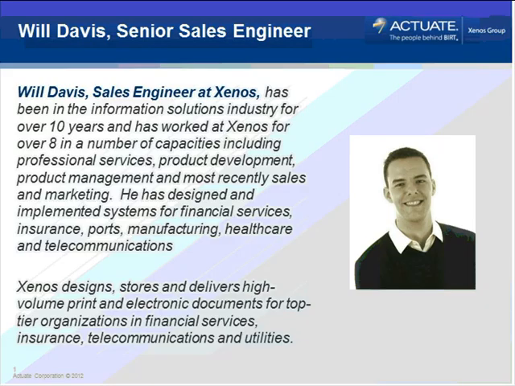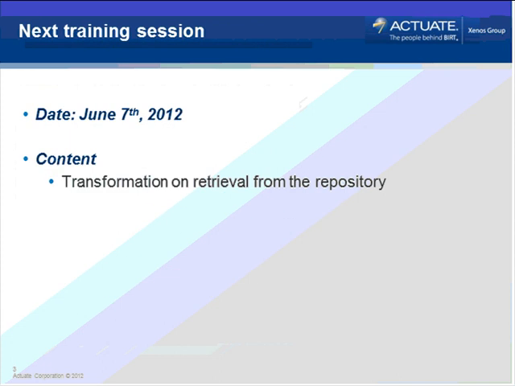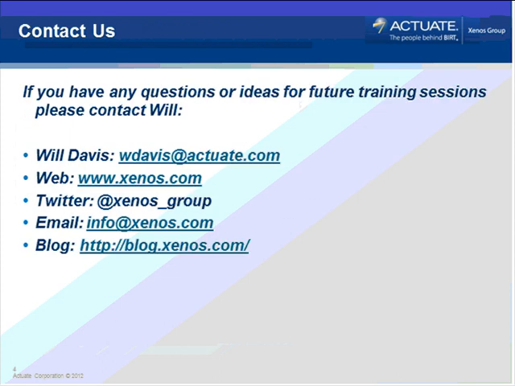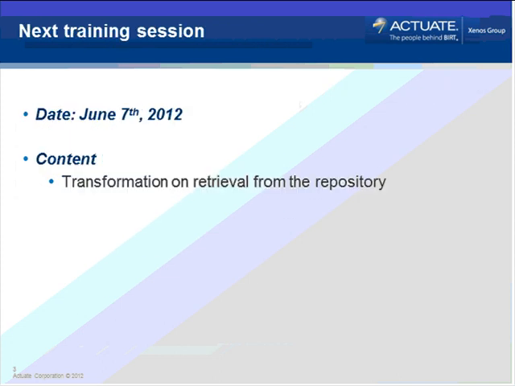All right, so that is all. We go through a couple more slides here. I'm going to be going over this stuff as well. The next training session, just like all the last training sessions, is the first Thursday of the month. The next one will be June 7th, so please join us on that date. We'll be going over transformation and retrieval from the repository.